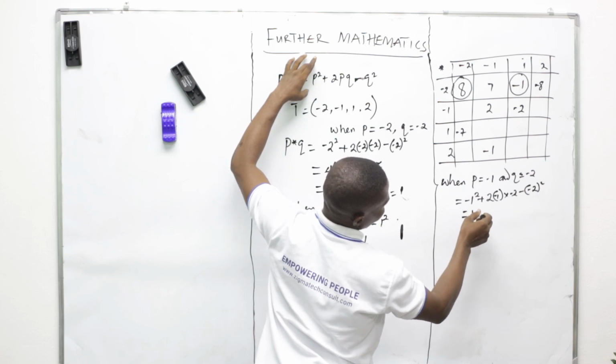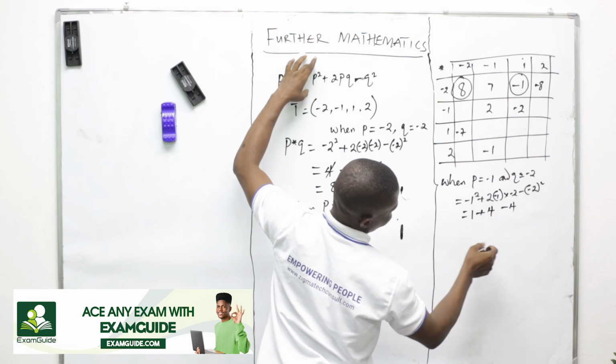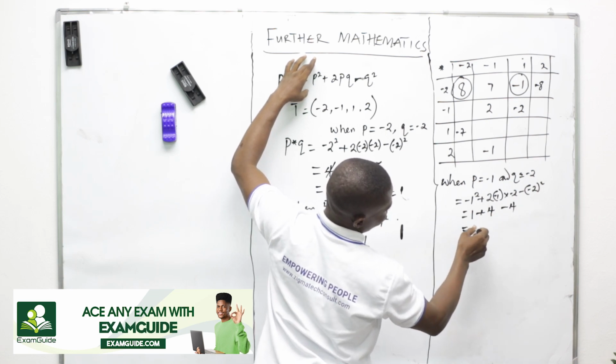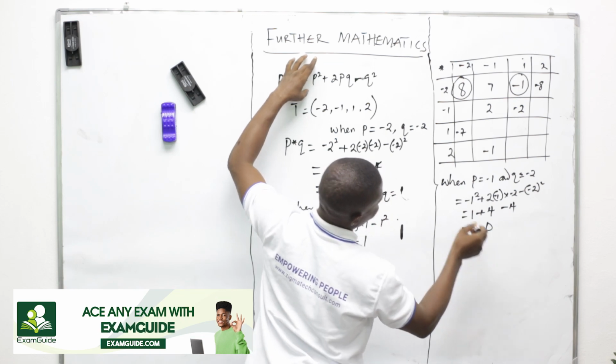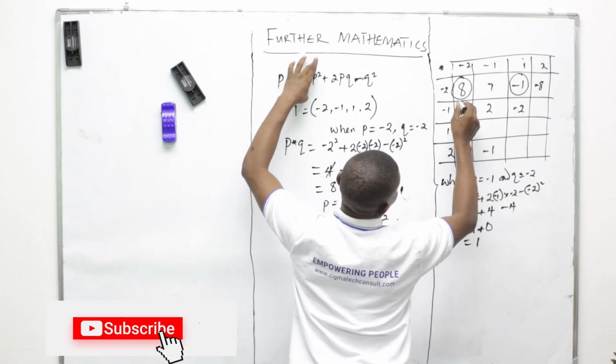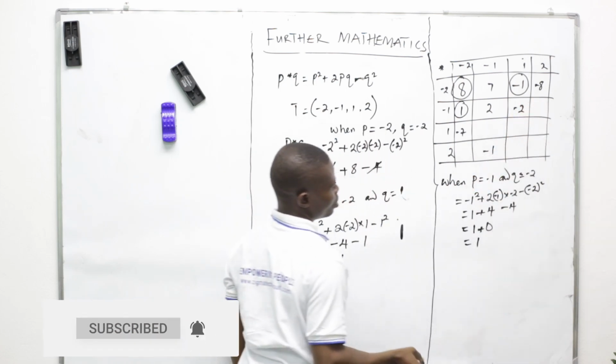That's 1 plus 4 minus 4 to give us 1 plus 0 to give us 1. I will now write 1. Circle it.